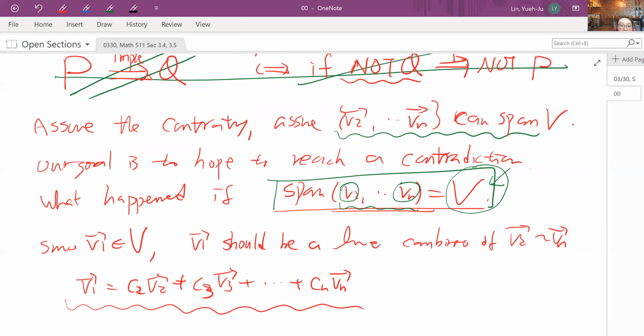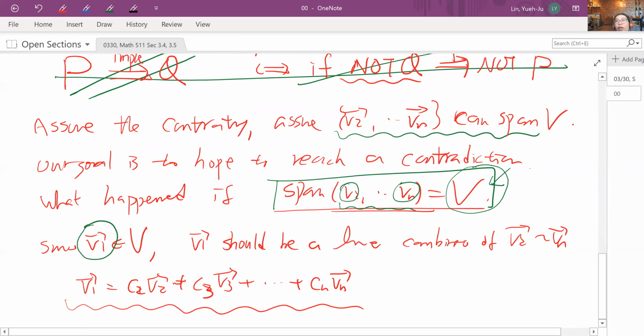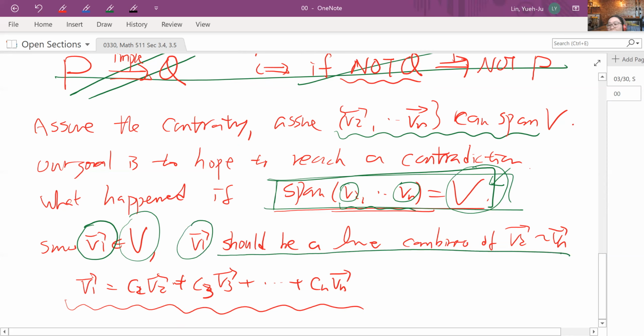The trick is that V1, the one we omit, is one of the vectors in my vector space. Then, by the assumption that V2 to Vn form a spanning set, V1 is an element in V, and whatever it is, it should be able to be written as a linear combination of V2 to Vn. So I write V1 as some linear combination of V2 to Vn.